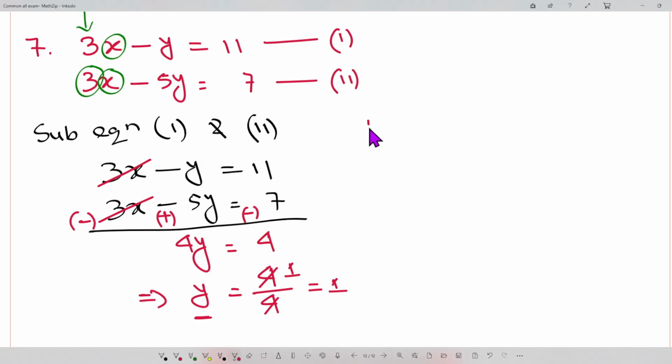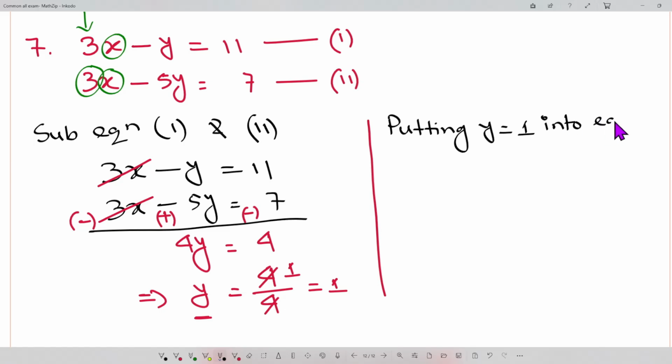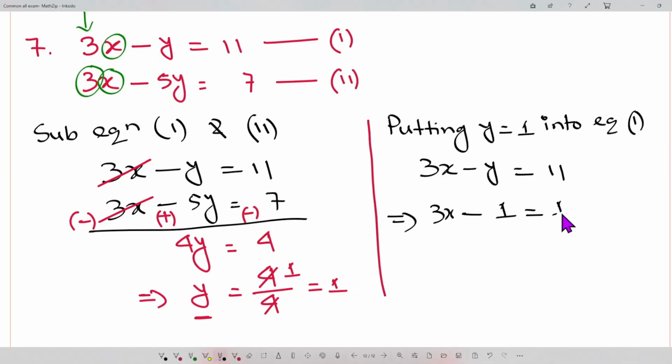So we can write like this, putting y equals 1 into equation 1. Here we have 3x minus y equals 11, then 3x minus 1 equals 11.